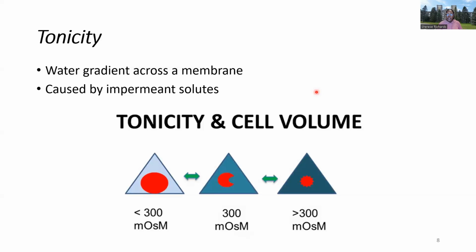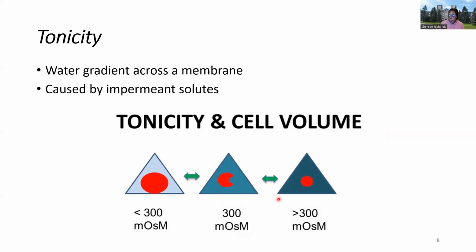So likewise, we can think about an isotonic solution here. That is a solution where the extracellular fluid has the same tonicity as the intracellular fluid. We could think about a hypertonic solution on the right. This is if the solution has a higher tonicity than what's happening inside the cell.